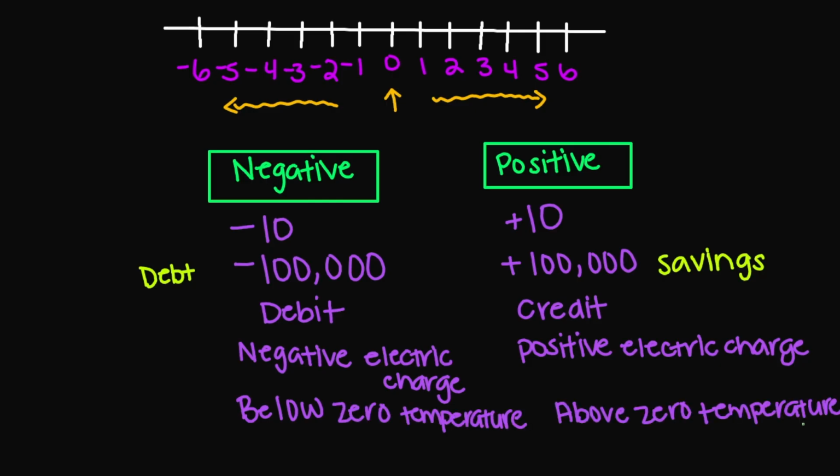And if the temperature is above zero, you are going to have a positive number, but below zero means you're going to have a negative number. What about below sea level? If it's below sea level, you are going to have a negative number, but if it's above sea level, you are going to have a positive number.